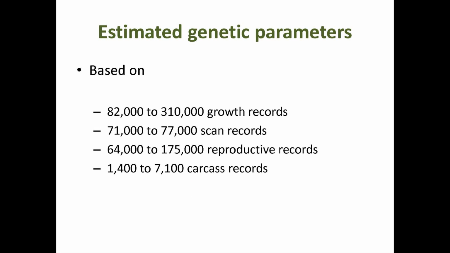And those were records collected in the period 2000 to 2012 or so. Scan records is, roughly speaking, 75,000. That's live fat, live muscle, etc. Depending on what trait it is, between 60 and 100 and whatever it is, 75,000 reproduction records. So a lot of data there. And very significantly, and we'll be coming back to this obviously, there's a lot of new carcass data that's come in, so direct measurements on carcasses of Angus cattle or Angus cross cattle.